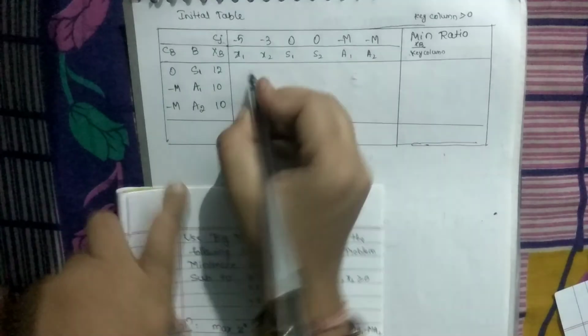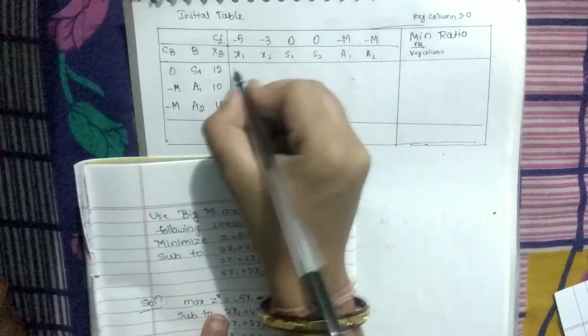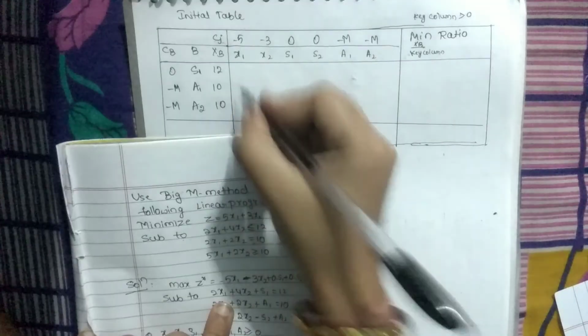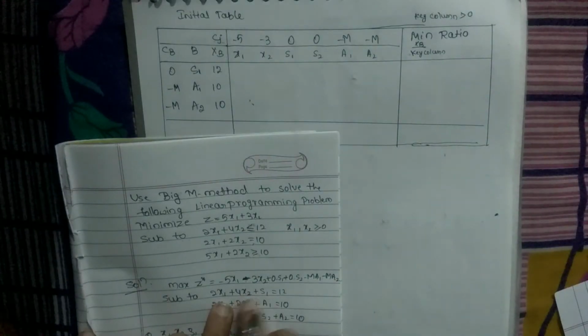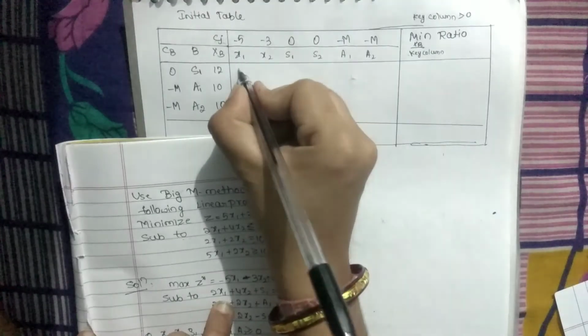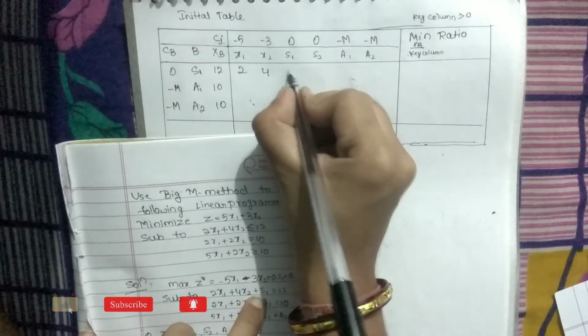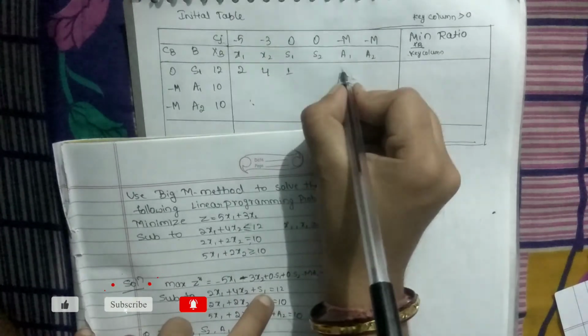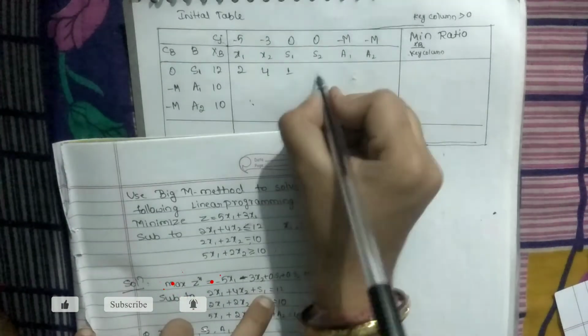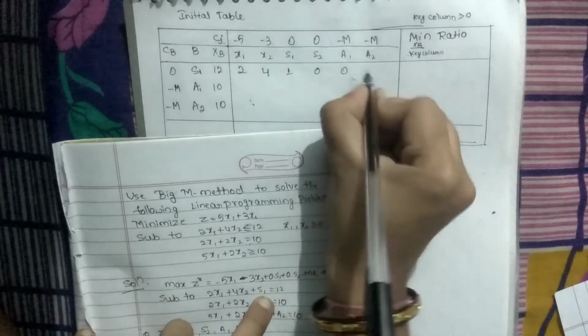In the first constraint, the coefficients are 2 for x1, 4 for x2, and 1 for s1, and s2, a1 and a2 are not there, so 0, 0, 0.